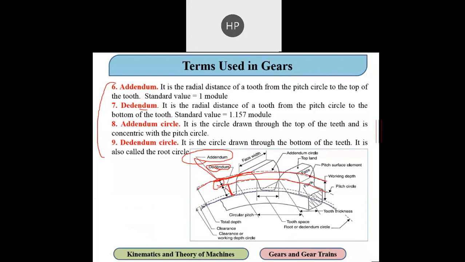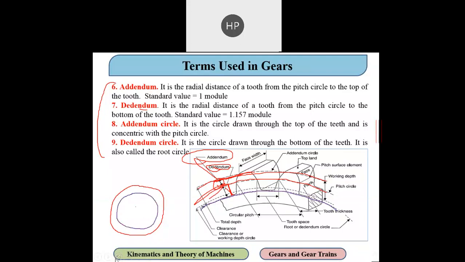I also drew different circles in yesterday's lecture. Yesterday we saw that this is the center point, and the first circle we defined is the pitch circle, the center one. Then the second circle we defined is the outside, or the lowest point, the dedendum circle.